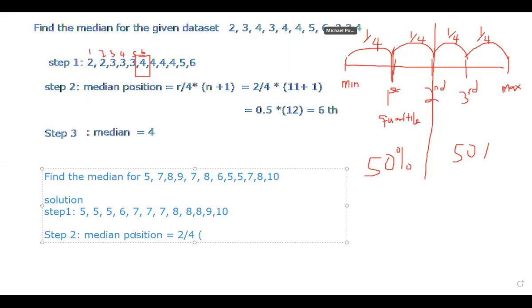Our number of observations here is 12, so N is 12, plus 1. For those of you who didn't get that step, counting N is just counting the number of your data points. So we have 1, 2, 3, 4, 5, 6, 7, 8, 9, 10, 11, 12. That is how we got 12.